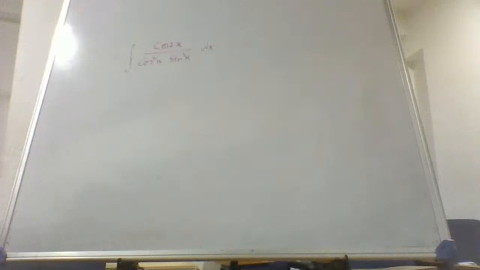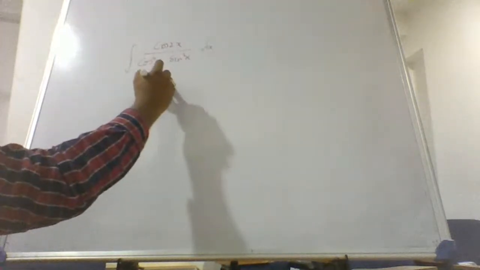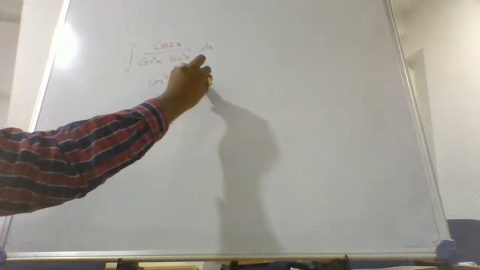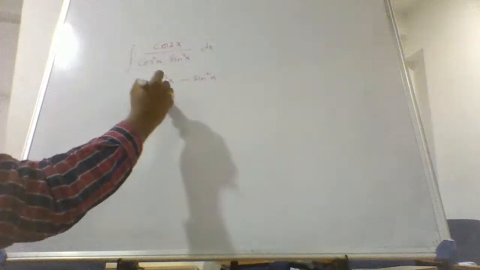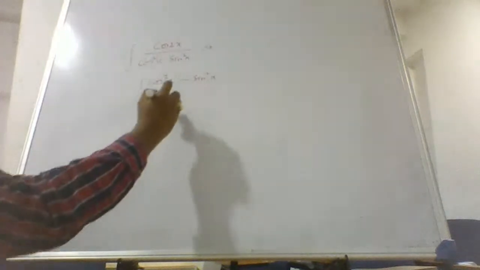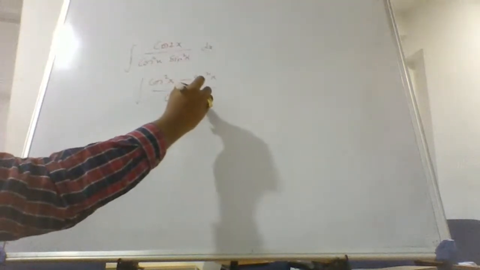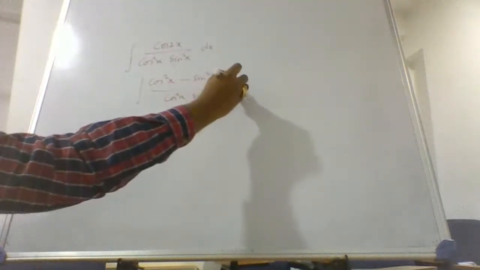Now cos 2x can be written as cos square x minus sin square x, keeping the denominator the same, cos square x sin square x, dx.